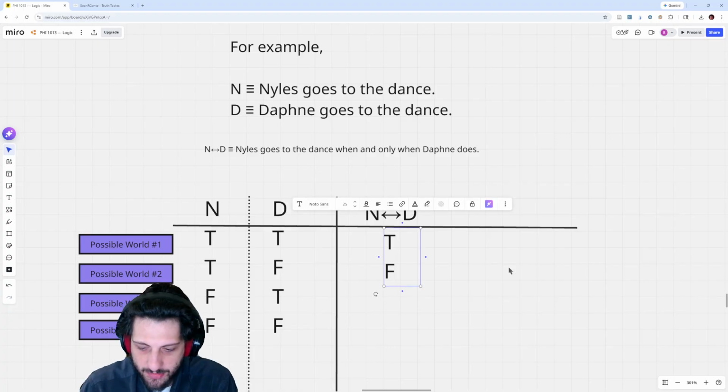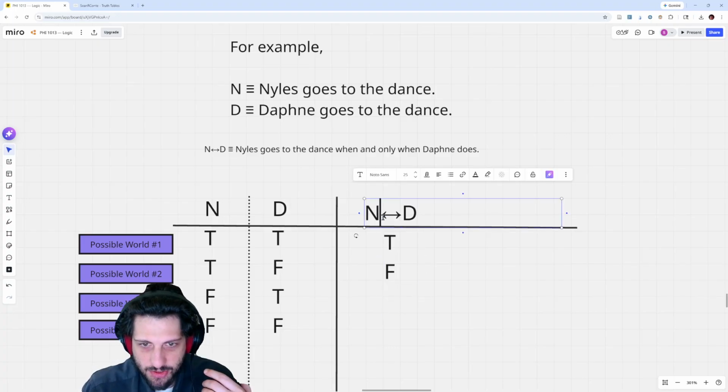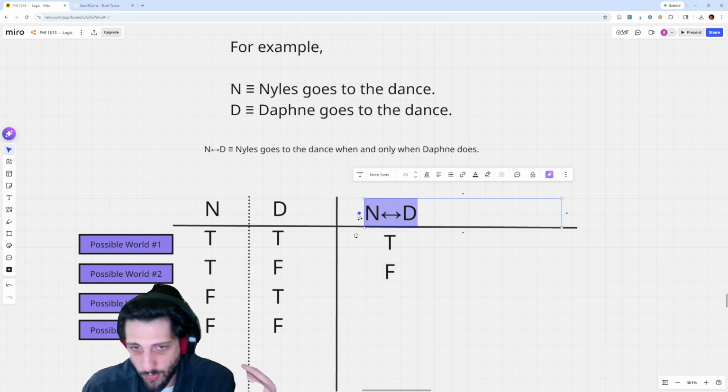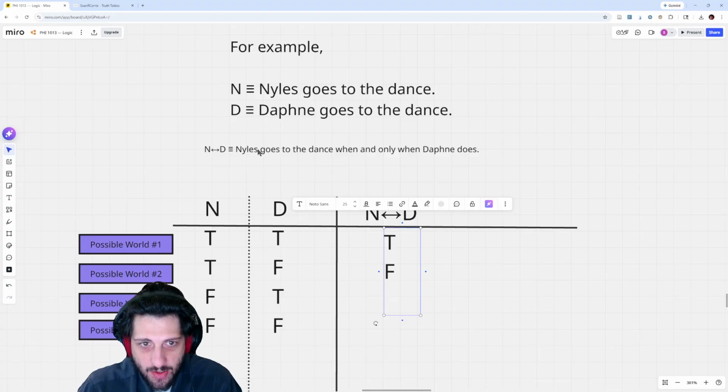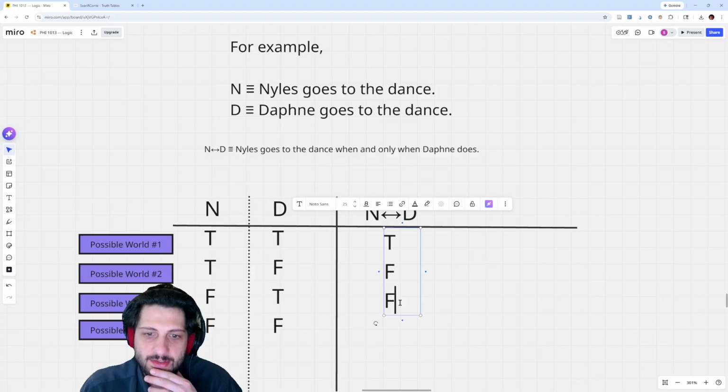How about the third world? Unlike the regular conditional, where it's a one-way arrow, this is a two-way arrow, so we have essentially the same thing going on. Suppose you see Daphne at the dance without Niles. Then it would be wrong to say that Niles goes to the dance when Daphne does, because Daphne's here and Niles isn't, so that one is also false.